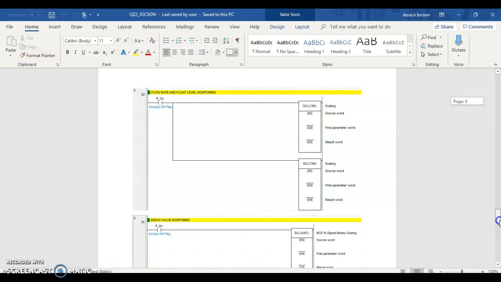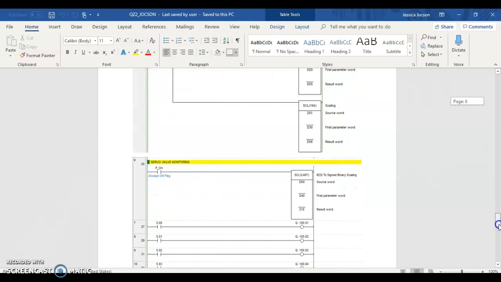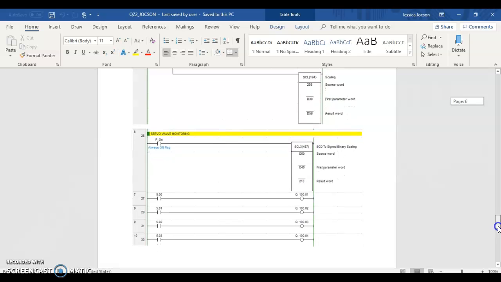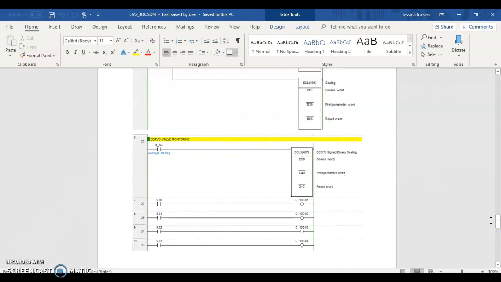For the flow rate and float level monitoring, servo valve monitoring, SCL3. Why did we use SCL3 in the servo valve monitoring and not SCL? Because again, we're going to input a value and control the valve.